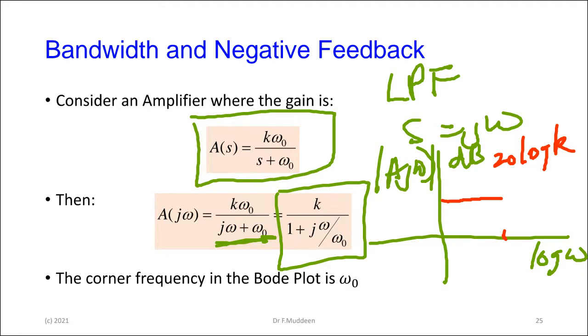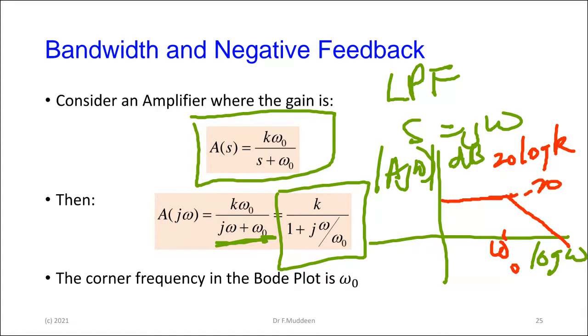Once you meet the ω0 corner frequency, it is going to decrease at what rate? Anybody remember? It's a first order low pass filter. We have one pole, minus 20 dB per decade. Great. So minus 20 dB per decade here.